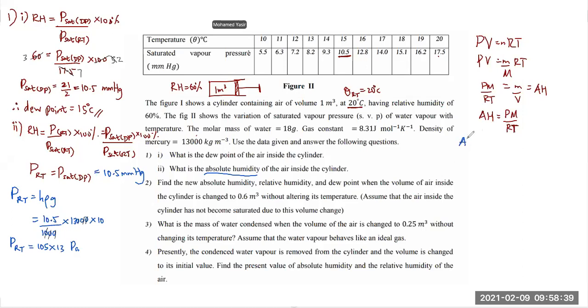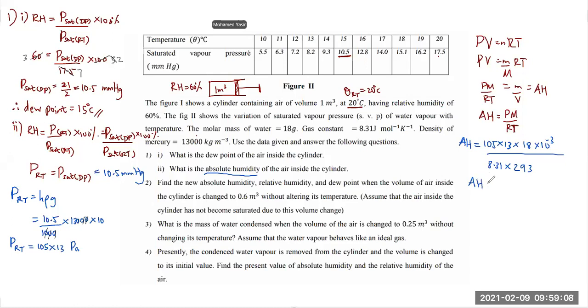So absolute humidity now is going to be equal to pressure 105 into 13, into molar mass 18. 18 grams per mole, that is 18 into 10 to the power minus 3 kilograms per mole, divided by R. R is 8.31. And the temperature is room temperature 20, that is 293 Kelvin.